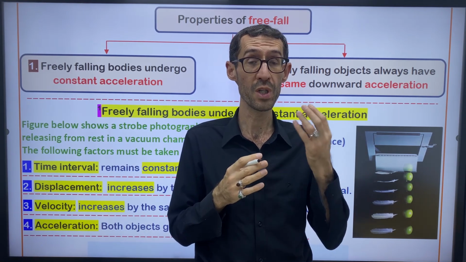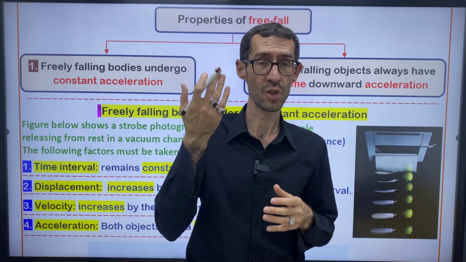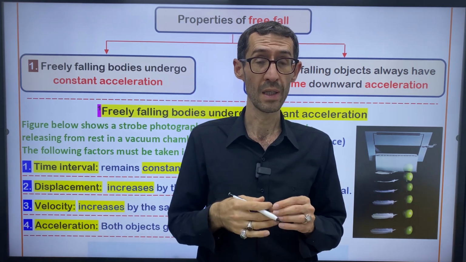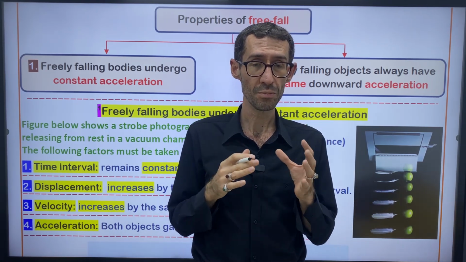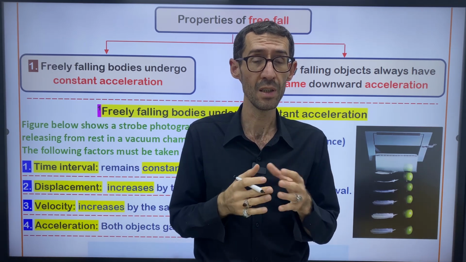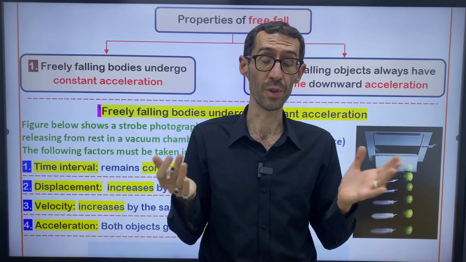Free fall means the motion of any object vertically, whether the motion is throwing up or falling down, it doesn't matter. The motion should be vertical, whether the direction is upward or downward.